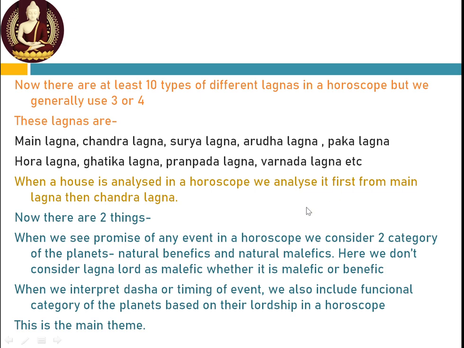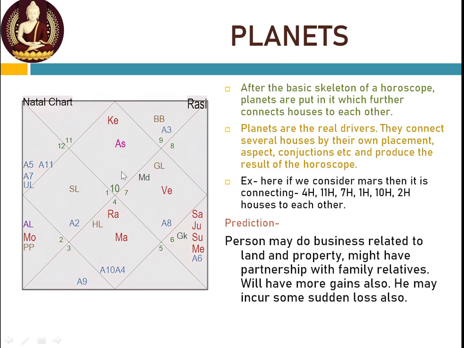What is Paka lagna? Paka lagna is this: wherever the lagna lord sits in a house, that house can also be considered as the lagna, and it is called Paka lagna. For example, here the lagna is Capricorn and Saturn is sitting in the 9th house, the sign of Virgo.